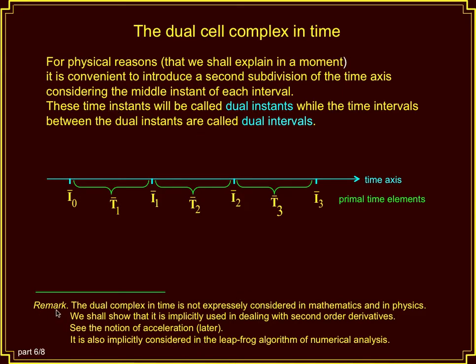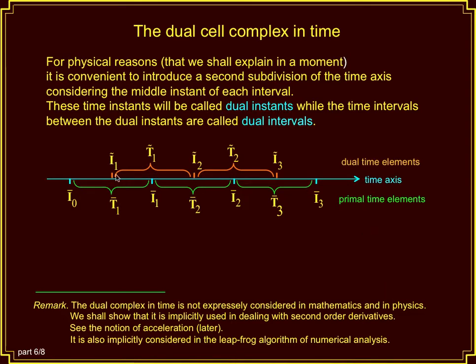Note the remark: the dual complex in time is not expressly considered in mathematics and in physics. We shall show that it is implicitly used in dealing with second-order derivatives. See the notion of acceleration later. It is also implicitly considered in the leapfrog algorithm of numerical analysis.